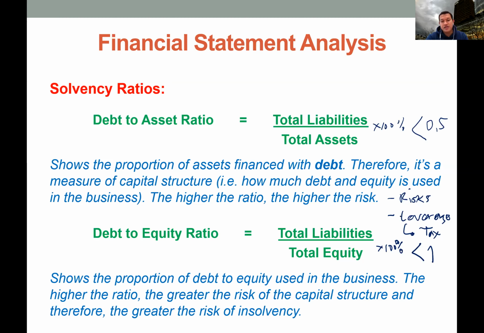If this ratio is less than 1, it means that the portion of equity is slightly higher than the liabilities. But if this ratio is more than 1, it means that the company uses more liabilities or debt in financing their operation, which is not really good in terms of bankruptcy risk or insolvency risk.